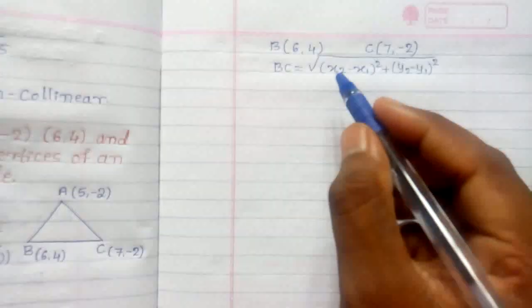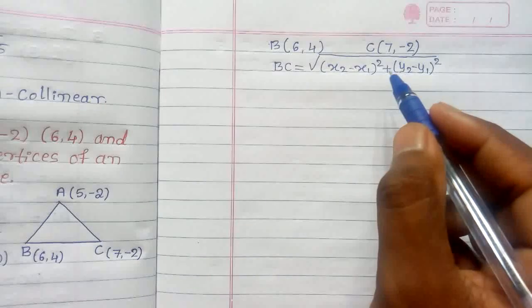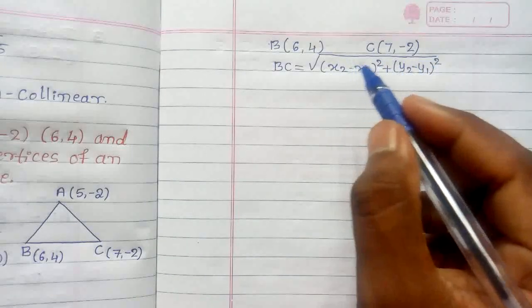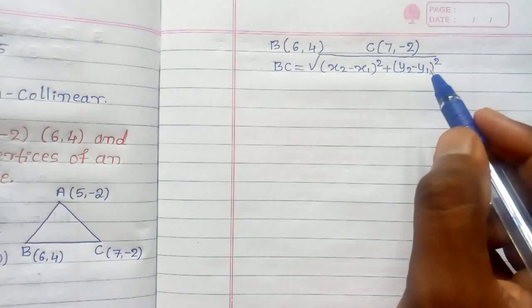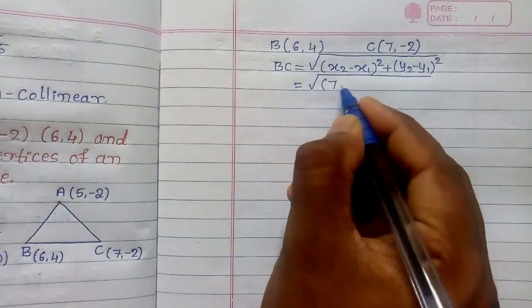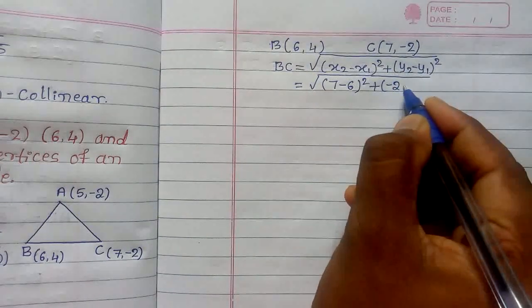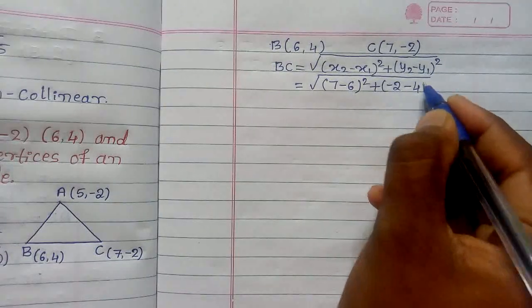BC is equal to square root of x2 minus x1 whole square plus y2 minus y1 whole square. Then write the values of x2, x1 and y2, y1. Here the value of x2 is 7, 7 minus x1 is 6. 7 minus 6 whole square plus y2 is minus 2 minus y1 is 4 whole square.